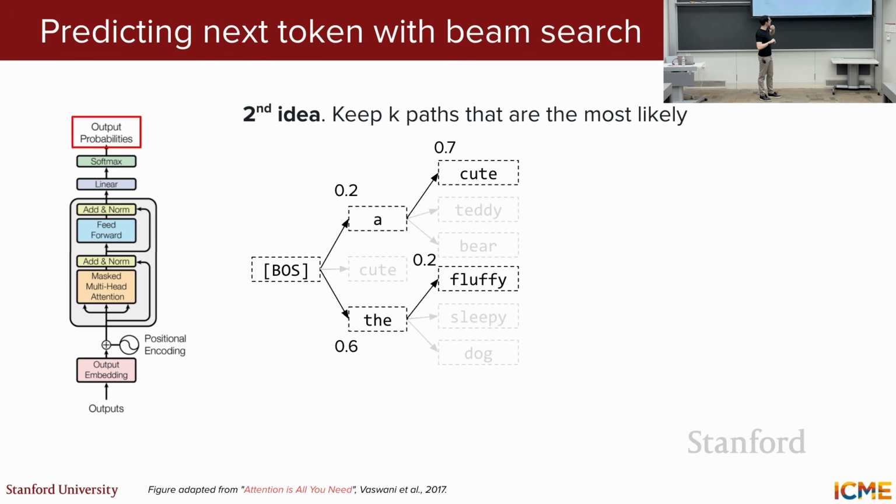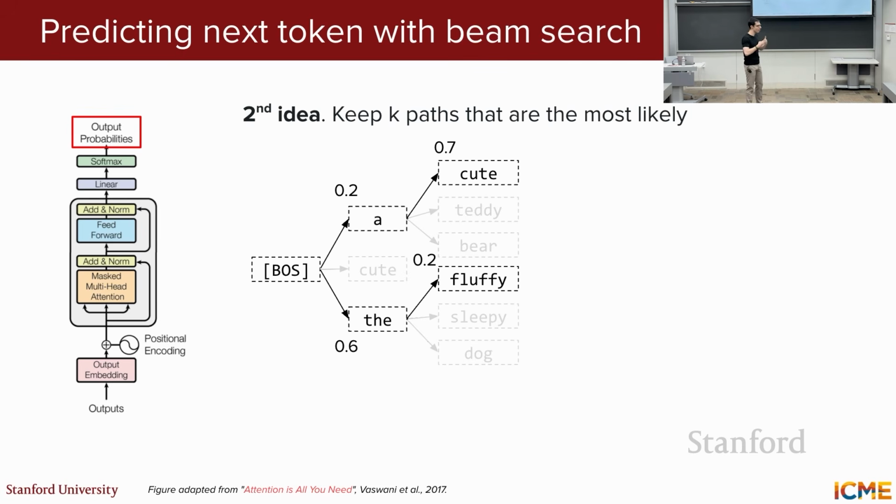Back to what I was saying earlier: if you were choosing the path along the highest probability token, like the, it's very possible that the highest probability token after the would have a much lower probability than the one after A. And this is what beam search tries to do.